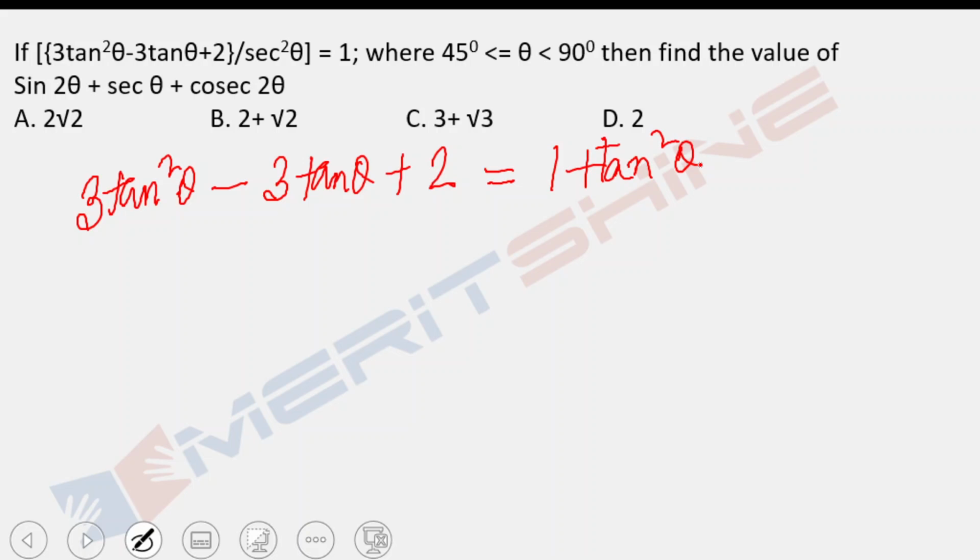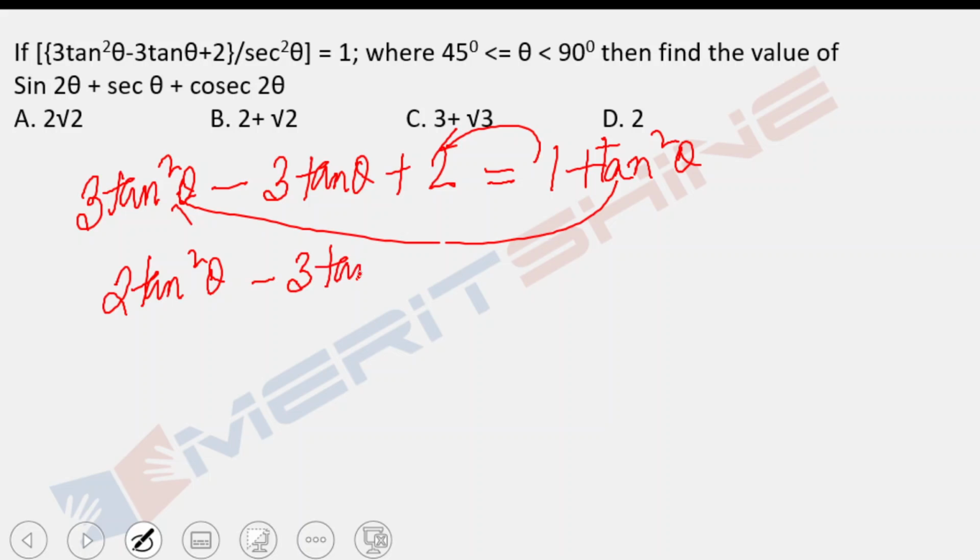Yes or no? Right? Now, this tan square theta comes here, this 1 comes here, and our equation becomes 2 tan square theta minus 3 tan theta plus 1 is equal to 0.